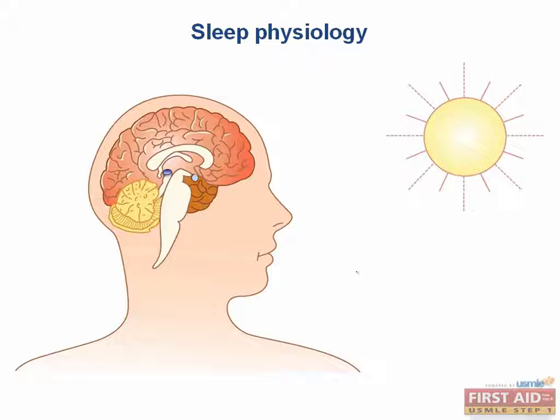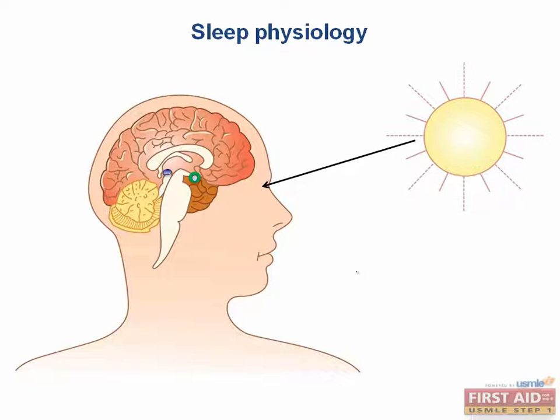In our discussion of the hypothalamus, we briefly discussed its role in regulating sleep behavior. So now let's go into more detail about this. The sleep cycle, which we will discuss in detail, is regulated by the circadian rhythm. This is driven by the suprachiasmatic nucleus. Now, the suprachiasmatic nucleus is regulated by environmental light cues.